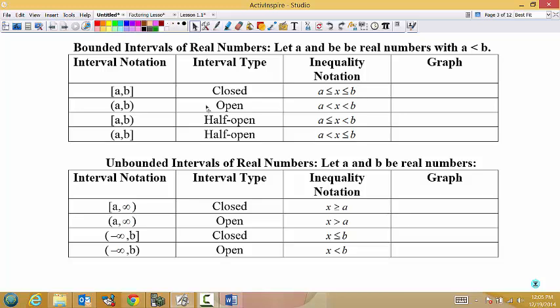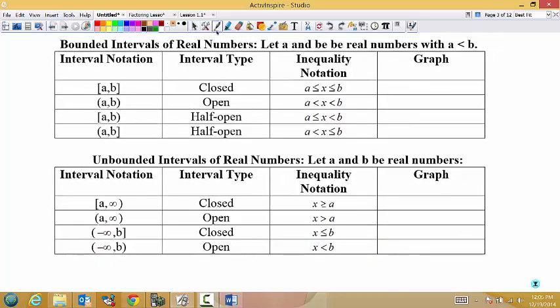And then we're going to look at something probably new to you. It's called interval notation. If I start with an inequality, say 2 is less than or equal to x is less than or equal to 5, that can be written [2, 5].